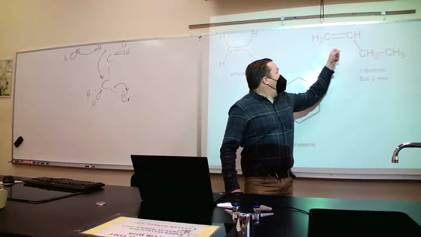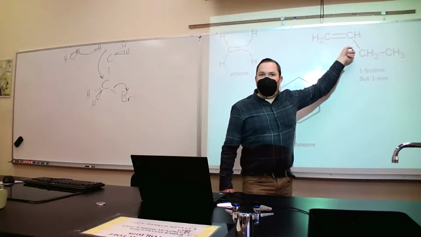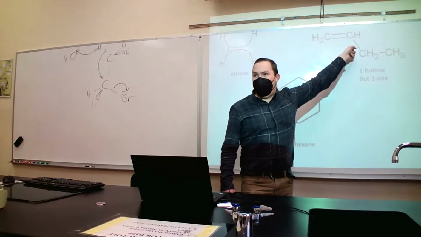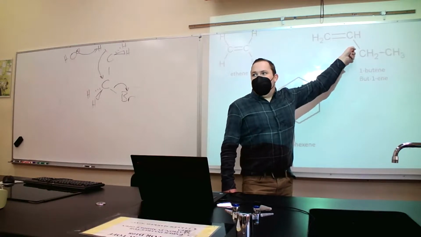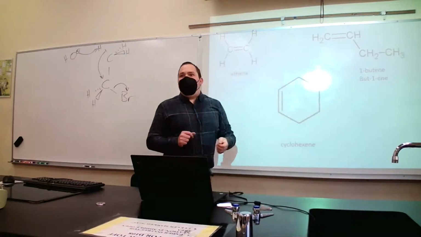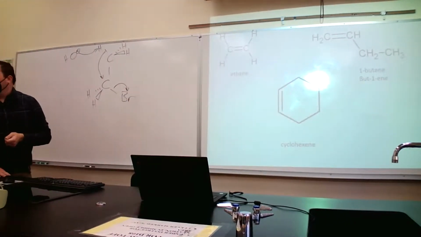Because if the pi bond starts on carbon 1, it has to be going to carbon 2. So there's no need to say 1,2-butene. 1-butene implies carbon 2 is next to carbon 1. And so we're sort of assuming that everybody counts sequentially, which I think is a valid assumption.